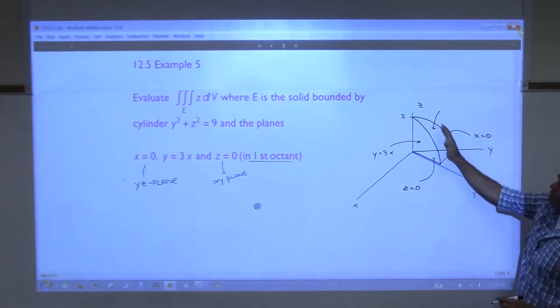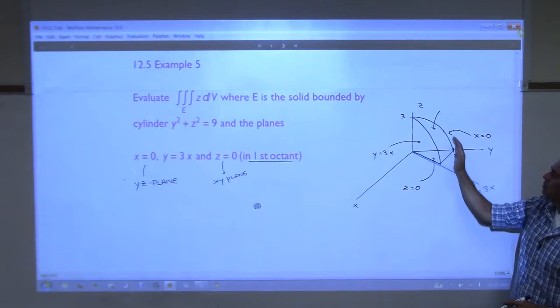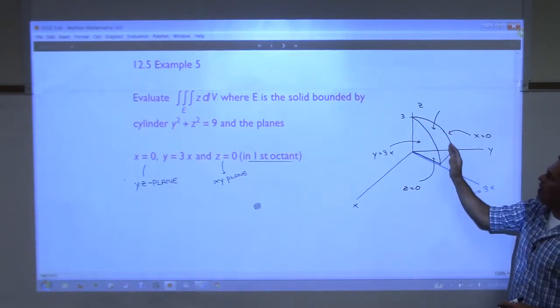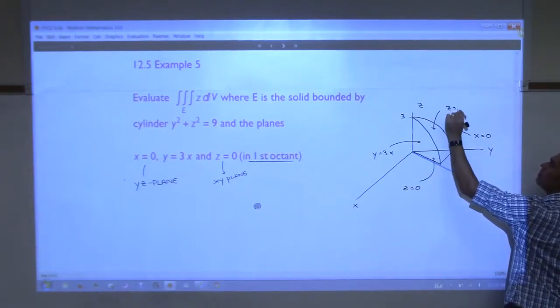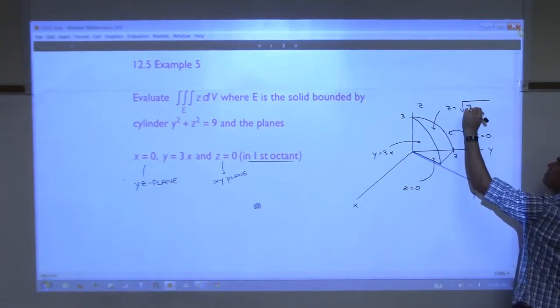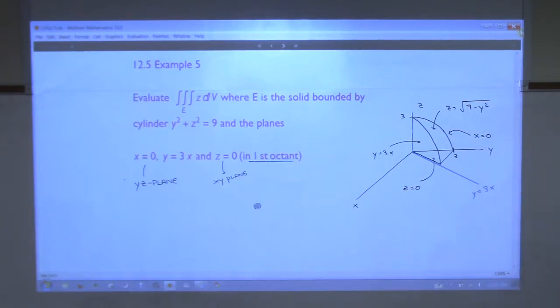And then what is this curved piece right here? The cylinder, but how are we going to write it? Get it in terms of z. So solve for z on the cylinder equation. So z equals the square root of 9 minus y squared. There we go. That's our solid. Any questions on that?